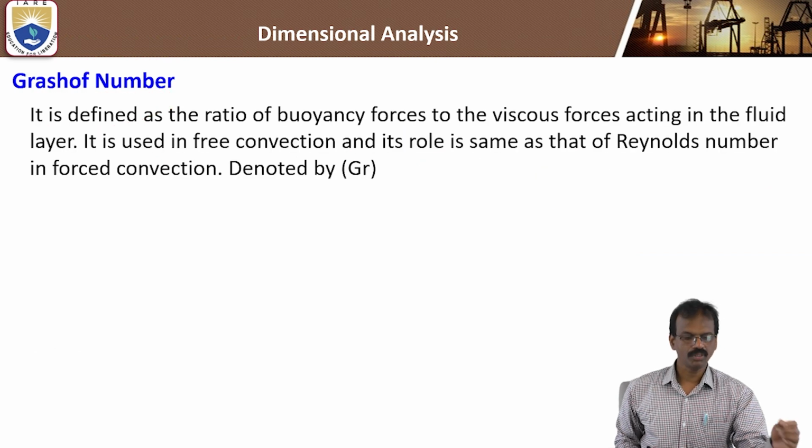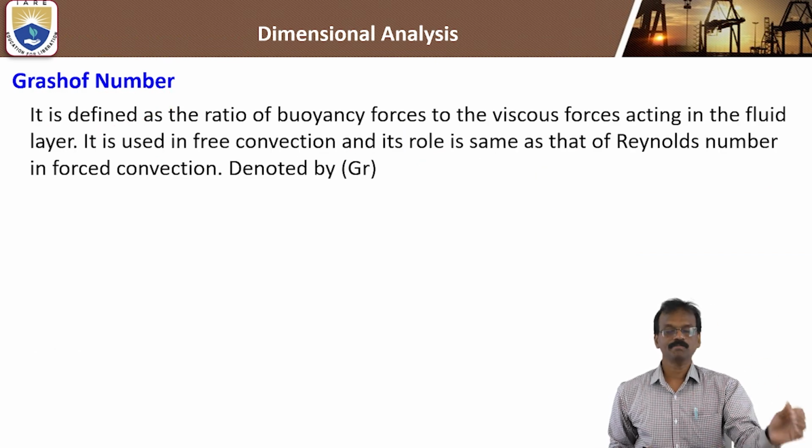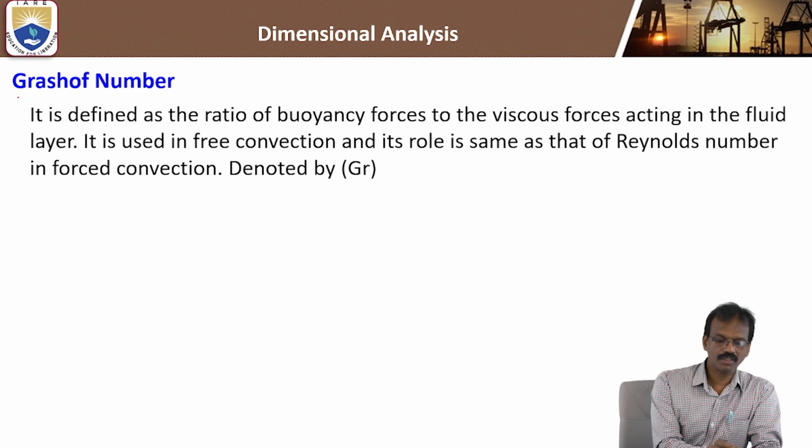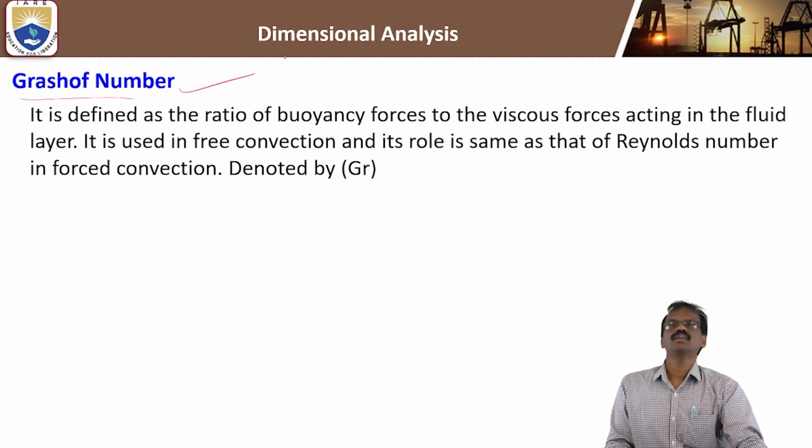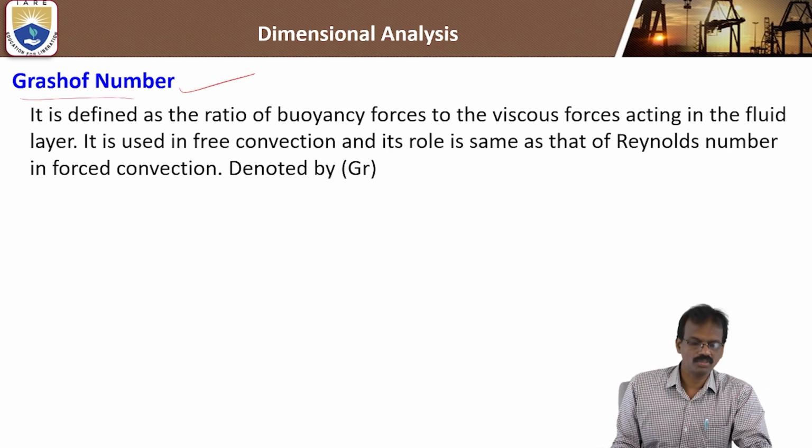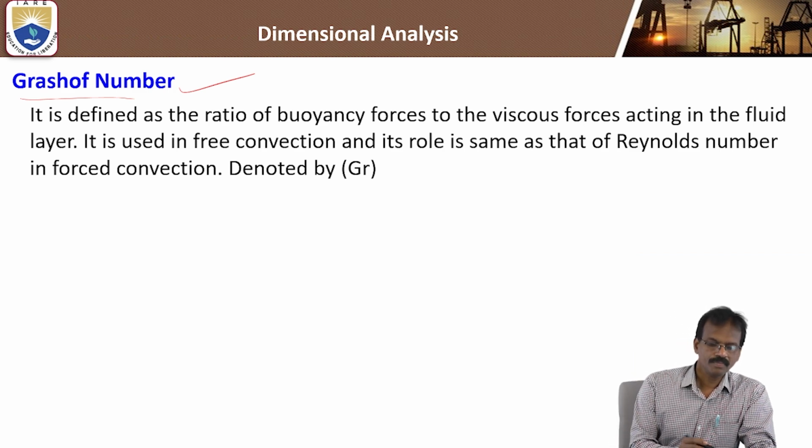We'll see one more, this one is the Grashof number. The Grashof number is mainly used to study the natural convection process. The Reynolds number is mainly used for the forced convection process. So what is the Grashof number? The Grashof number is defined as the ratio of buoyancy forces to viscous forces.